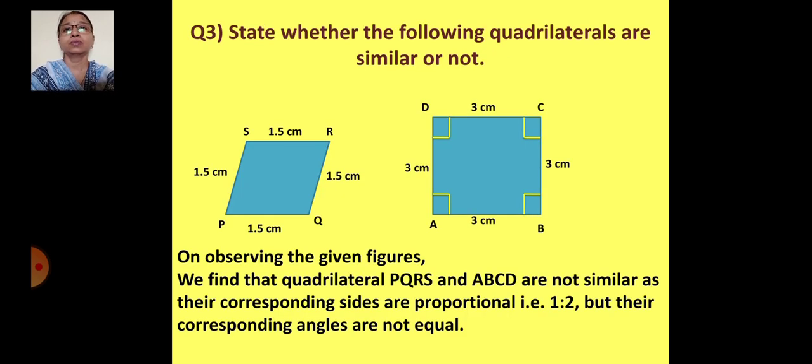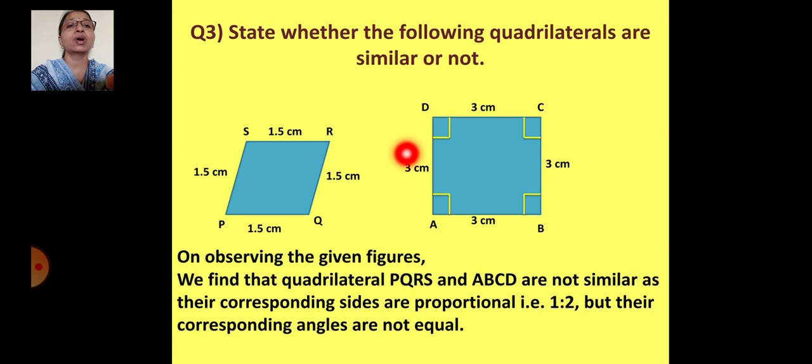Now question number 3. State whether the following quadrilaterals are similar or not. So children, here you have been given two quadrilaterals. The first quadrilateral is PQRS and the second one is quadrilateral ABCD.